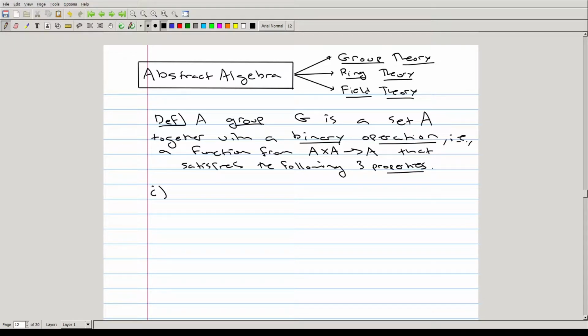First property is associativity. This is for all A, B, C in the group.